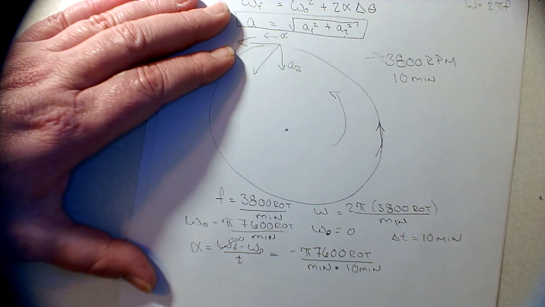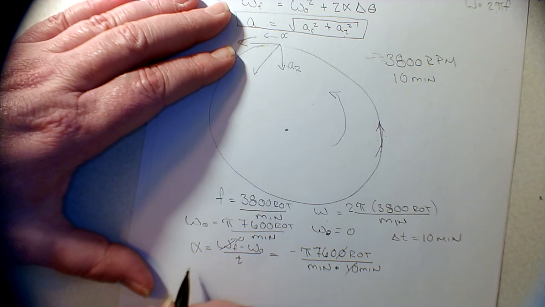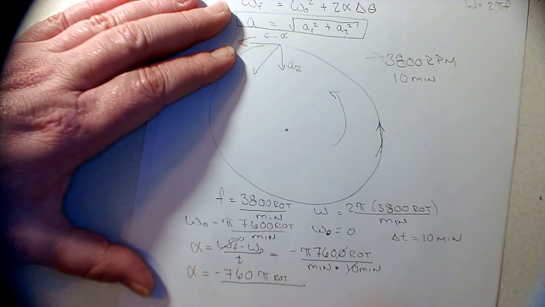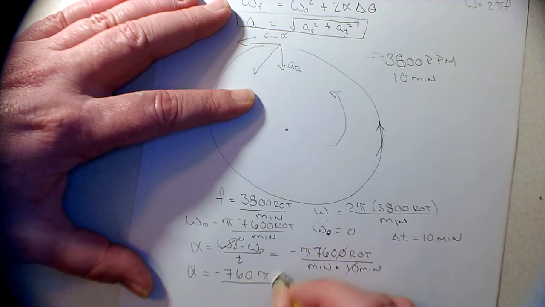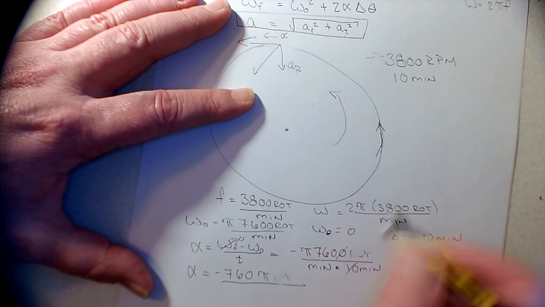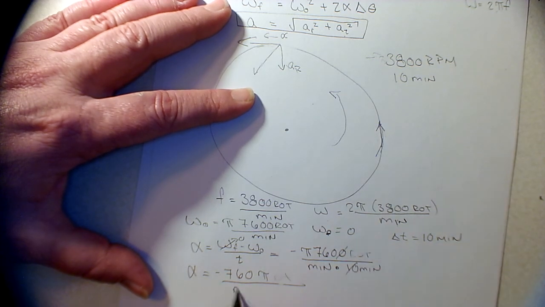Cool. So let's see, it's going to take one of those zeros off, and so I have an alpha of negative 760 pi, rotations goes away, per minute squared.